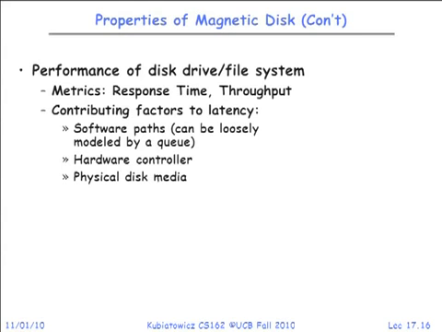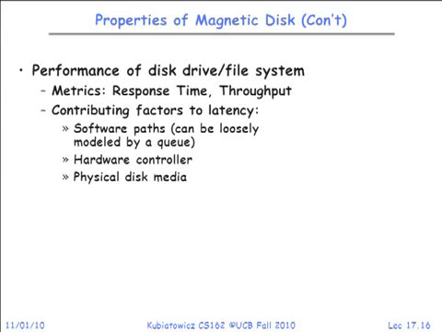Yeah, you want to read the whole cylinder. And which cylinder? Outside, right? Because the outside cylinder has the highest bandwidth coming off of it. So when we talk about file systems next time, we're going to be very interested in optimizing head movement so that we never move the heads.